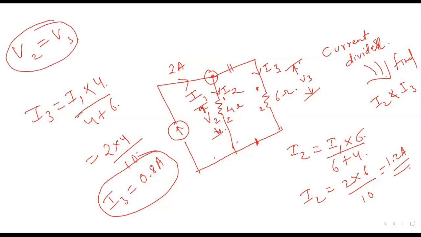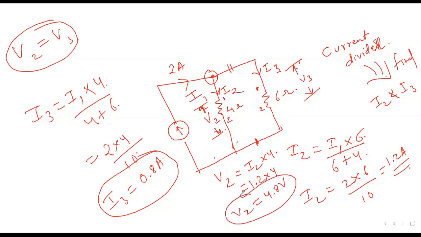Let's put the values and justify this. V2 here is nothing but I2 multiplied by 4. I2 we found out as 1.2, so 1.2 into 4 comes out to be 4.8 volt. Now let's talk about V3.